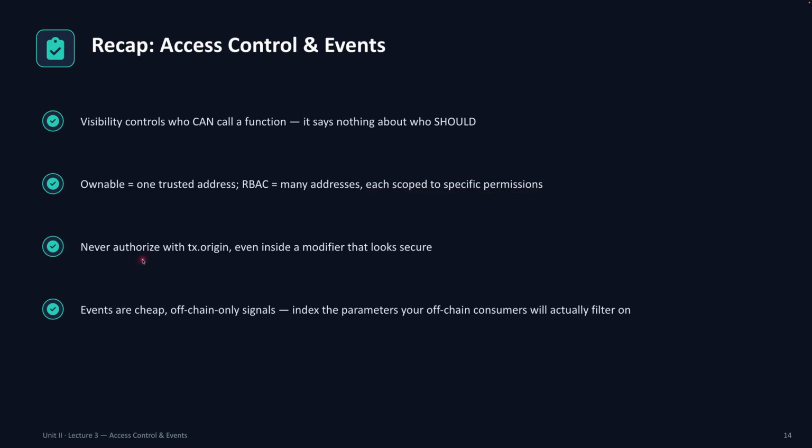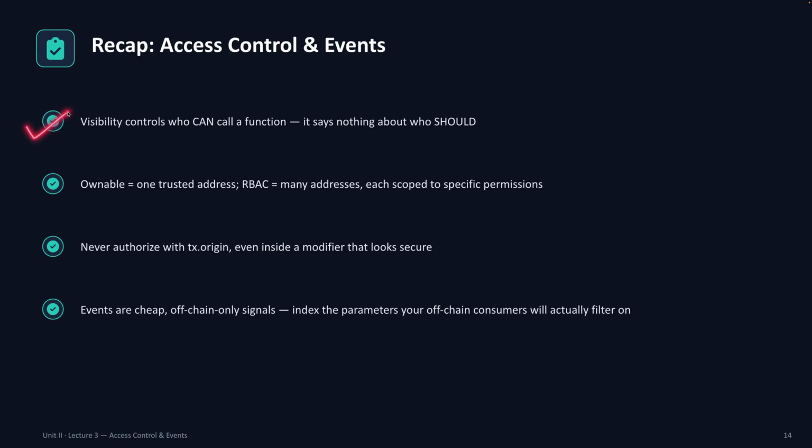Third, never authorize with tx.origin. Even inside a modifier that looks secure, always make use of msg.sender and never use tx.origin for authorization. At last, events are cheap, off-chain only signals. Index the parameters your off-chain consumers will actually filter on.